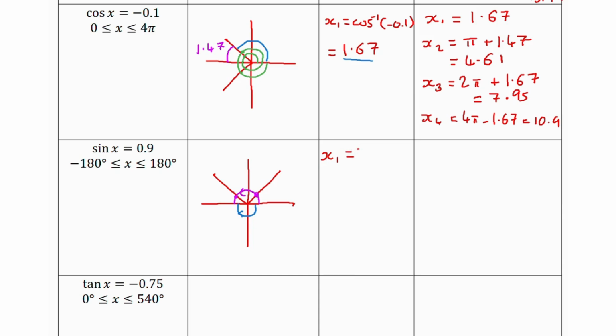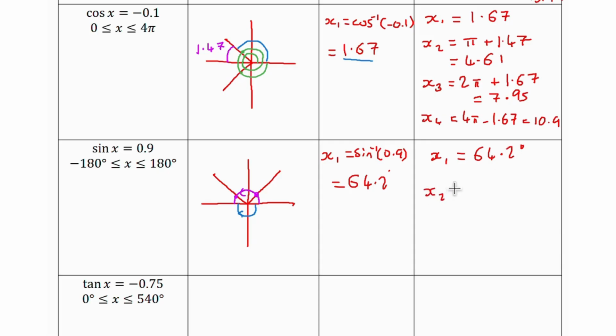I'm going to find my first solution doing sine inverse of 0.9, which gives me 64.2 degrees. And then, so my first solution is 64.2 degrees.